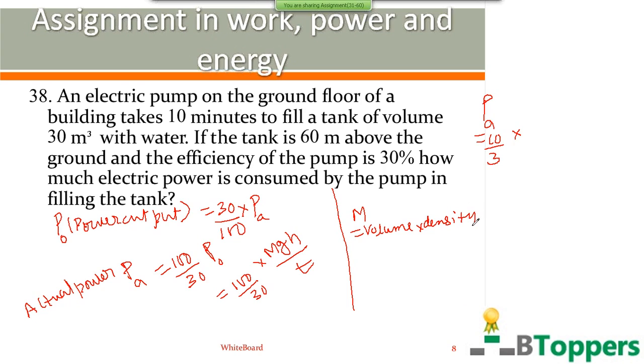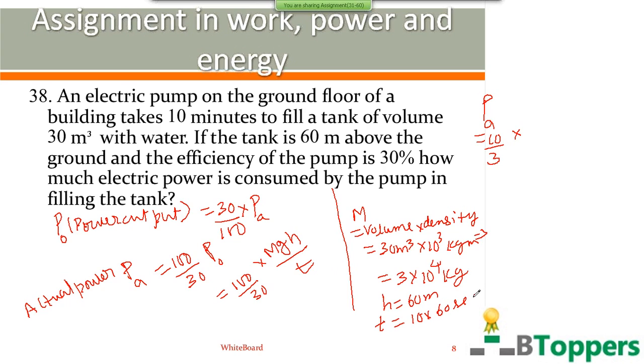The volume of the water that fills the tank is 30 cubic meter. Density of water can be taken as 10 cube kg per cubic meter. So the mass of the water which can fill the tank will be 3 into 10 to the power of 4 kg. And h is given to be 60 meters. And time is 10 minutes, meaning 10 into 60 seconds. So substitute all these numericals in this equation.